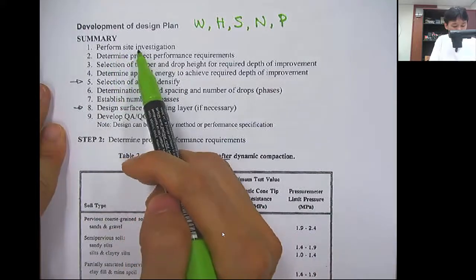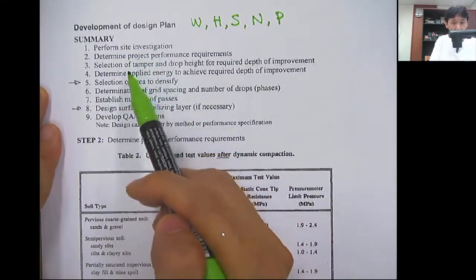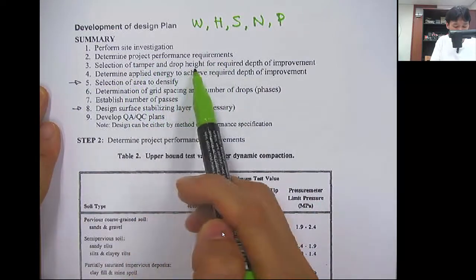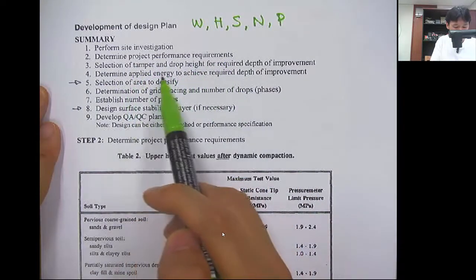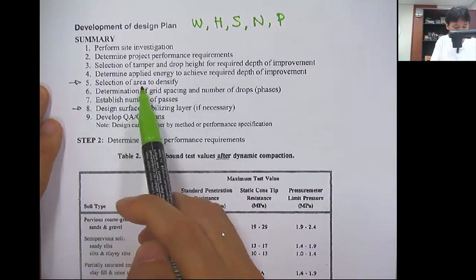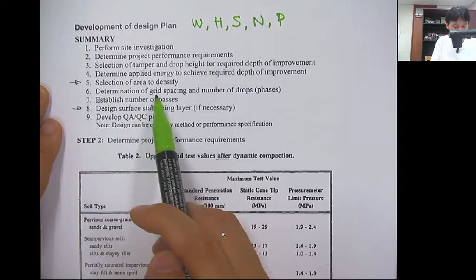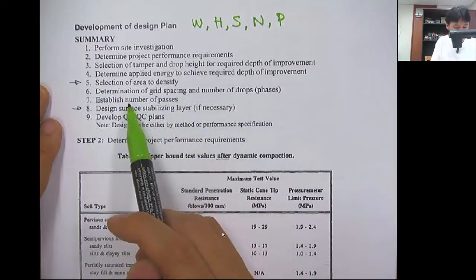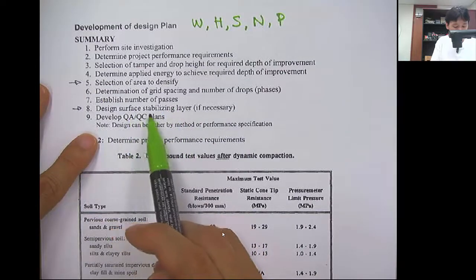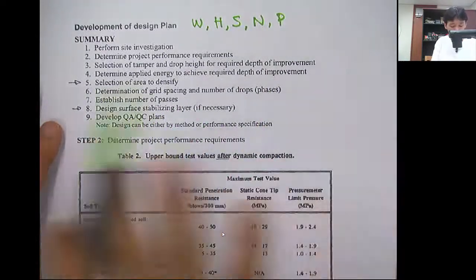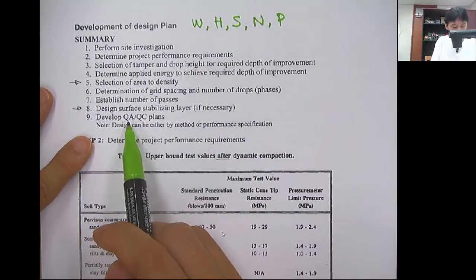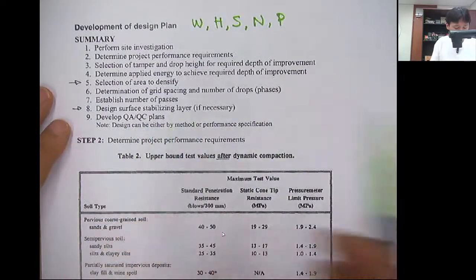You perform the site investigation first and determine the project performance requirements and selection of the tamper and the drop height, and applied energy should be determined, and then you confine the area to densify and determine the spacing and number of drops and establish the number of passes. Then you design the surface stabilizing layer like the ironing phase. Then you develop a plan for the quality assurance and the quality control.